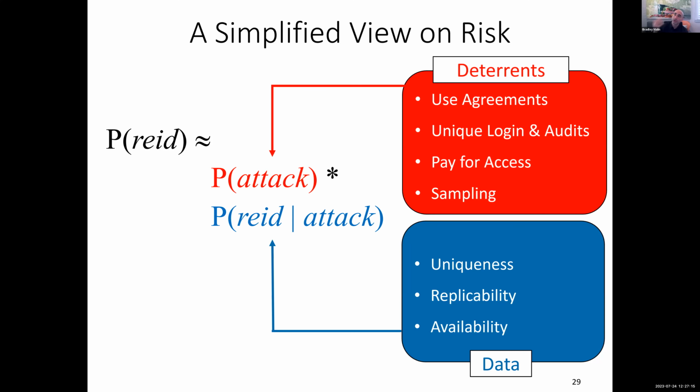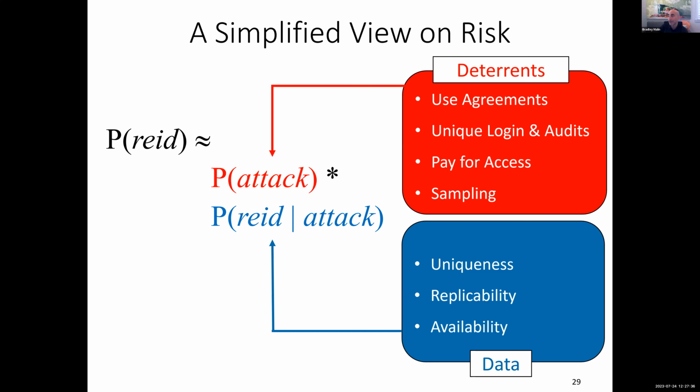And that's where deterrence theory comes into play. That's why we adopted things like use agreements, unique logins and audits, strategies that some people might use to try to mitigate risk, because they might say, look, it's not going to be free. You can't just walk in the door and do everything that you want to do with this. You're going to have to pay to do some analysis.